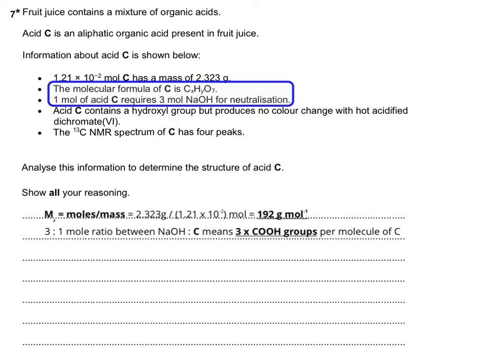So the 3:1 mole ratio between NaOH and C means that there must be 3 carboxylic acid groups per molecule of C, because each carboxylic acid group contains one acidic hydrogen. If we now take away the MR of 3 carboxylic acid groups, that's 3 lots of 45, from the overall MR, we get C3H5 as the rest of the molecule.